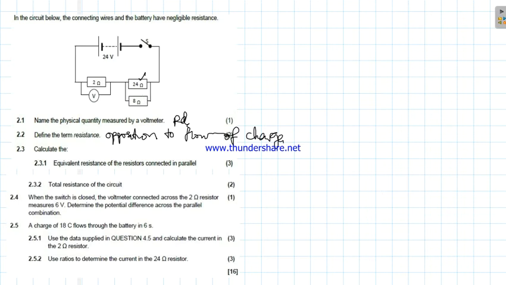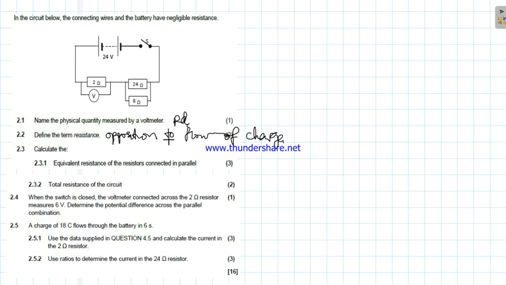Okay, alright, so now let us calculate their equivalent resistance. When you say equivalent resistance, we are saying if we were going to look at them as one resistor, what resistance will they have?